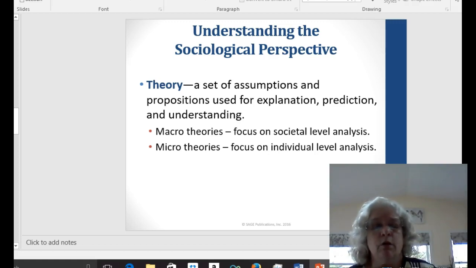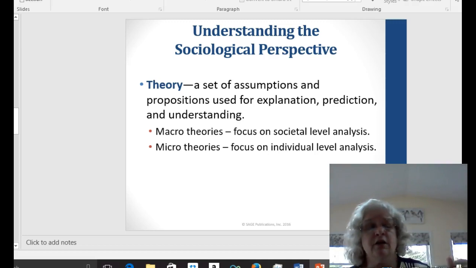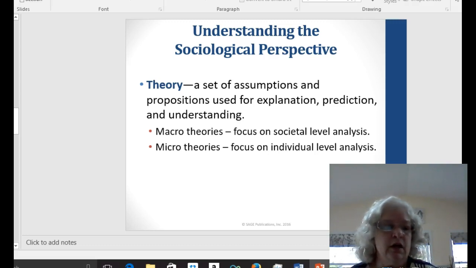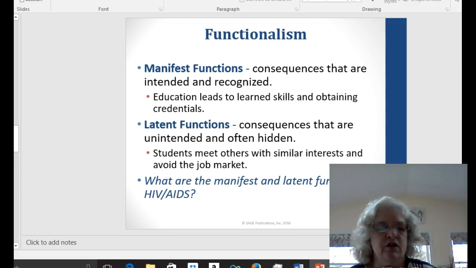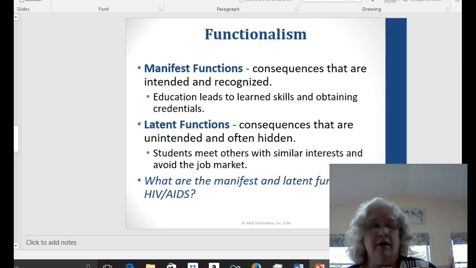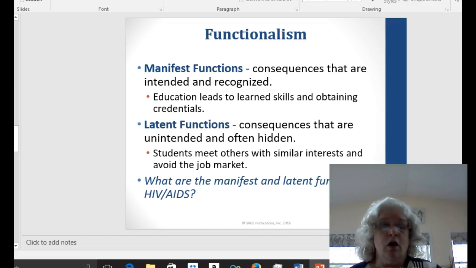In other words, macro theories focus on the societal level, and micro theories focus on the individual level of analysis. As we explore it, you're going to see that the theories we work with in class are clearly divided into those. We have the functional theory, which looks at the consequences that are intended and recognized.